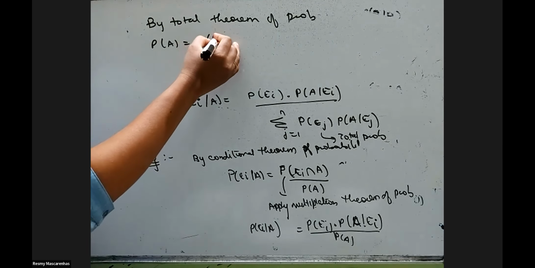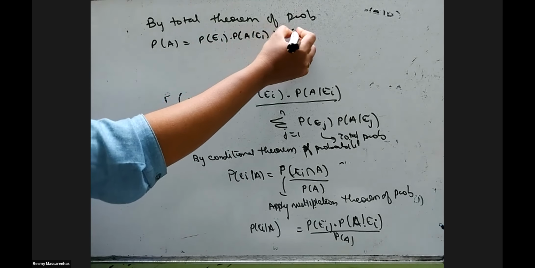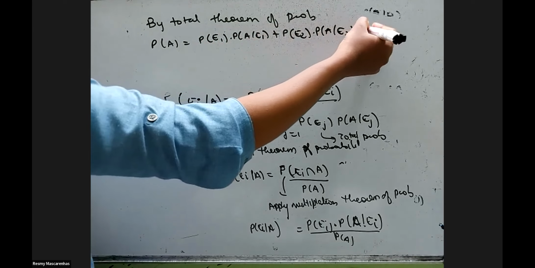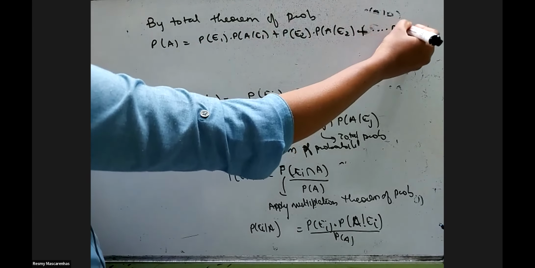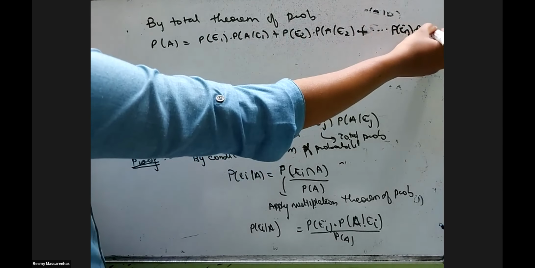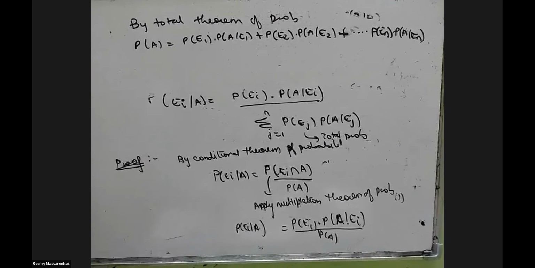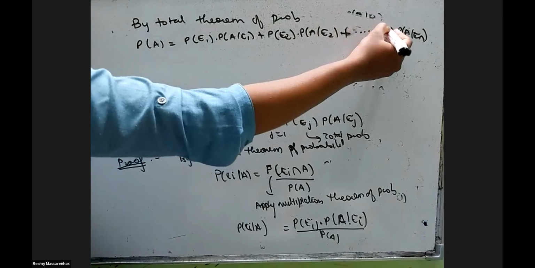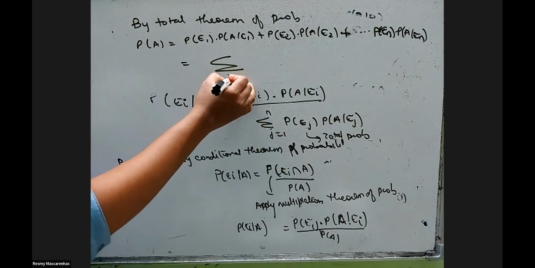In the previous class we have done this formula: P of E1 dot P of A upon E1 plus, if we just go on, the last one P of En dot P of A upon En. That can be written as a summation; we'll use the letter j here.